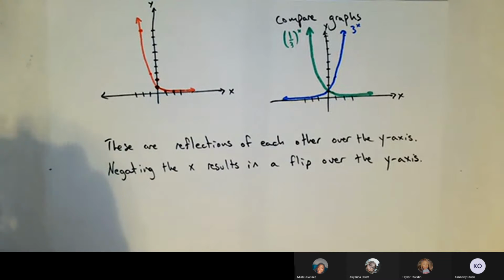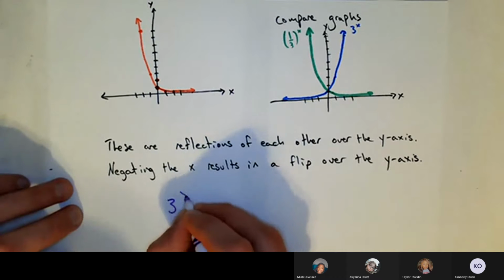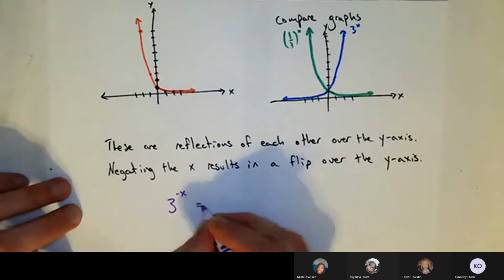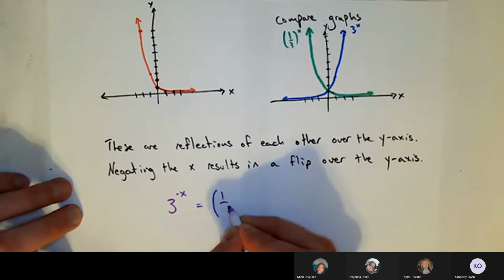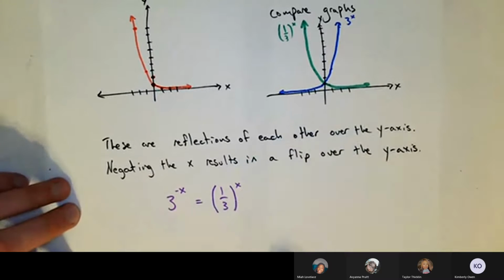Well, if negating the x results in a flip over the y-axis, consider, in a different color here, take that 3 to the x function, make its exponent negative. That's the same as flipping the 3 to make it 1 over 3 to the x.